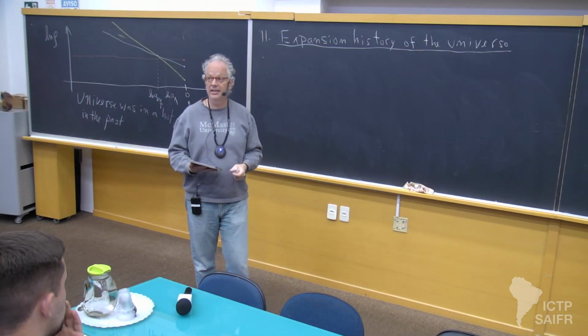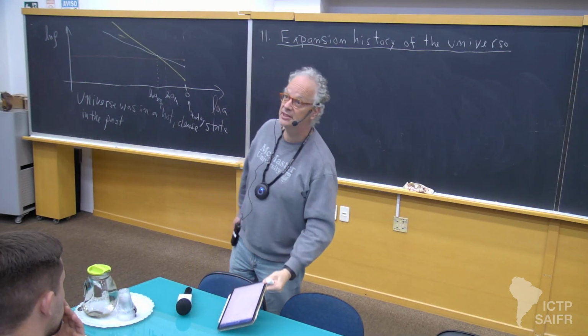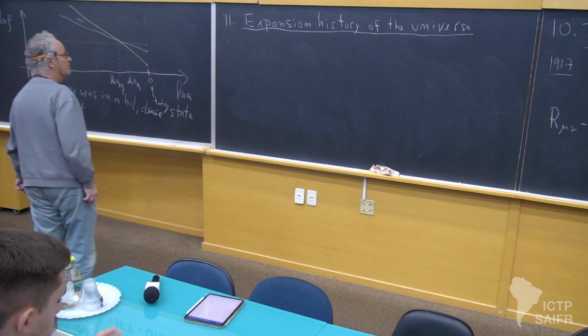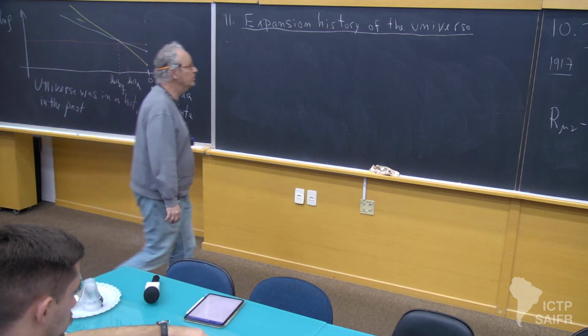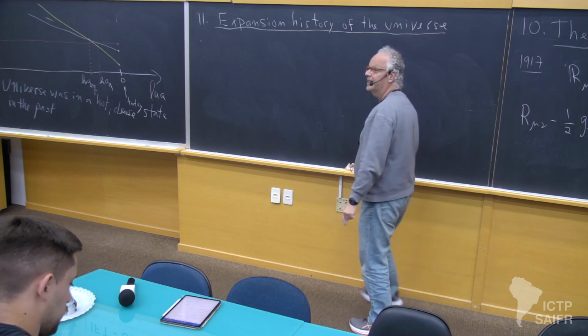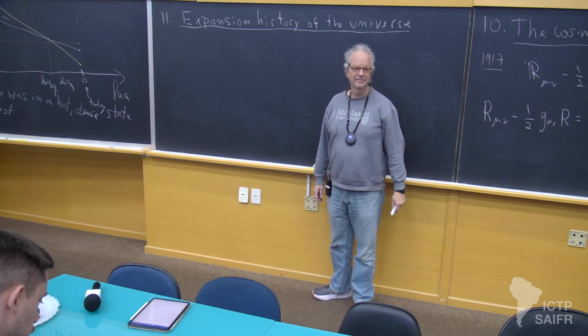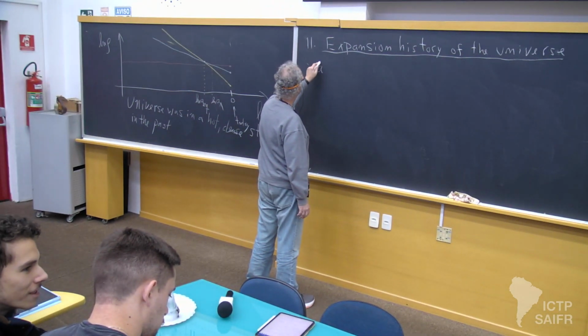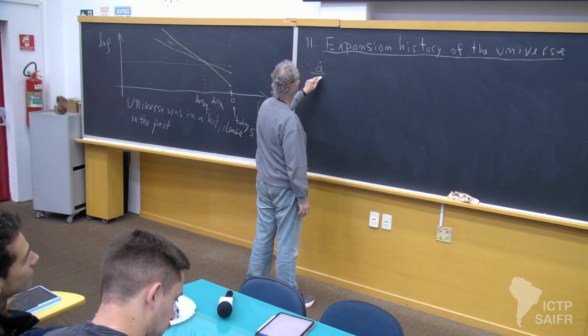We see how the expansion rate of the universe, or how the scale factor changes with time. How do we do that? Looking again at the first three-minute equation. So let's look again at the first three-minute equation. And the first three-minute equation is this.